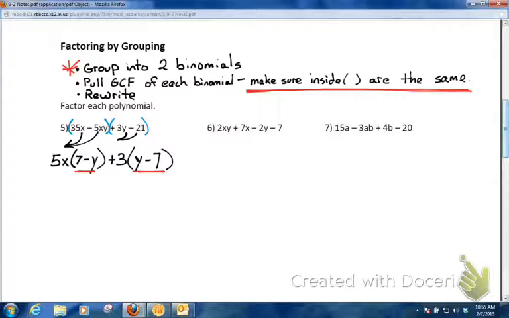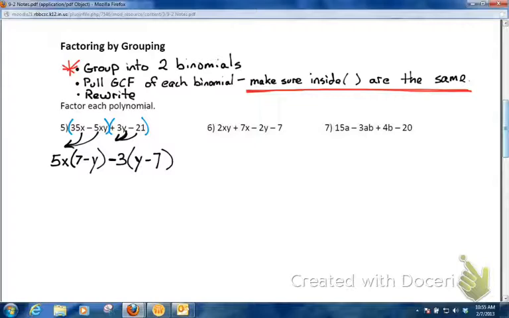So I've done something wrong. Well, the easiest way to fix this one, since they're so close to each other, is to actually, instead of factoring out this positive 3, factor out a negative 3. And I know that now because the inside parentheses were not the same.